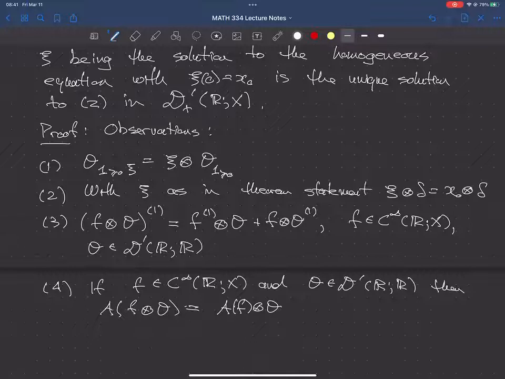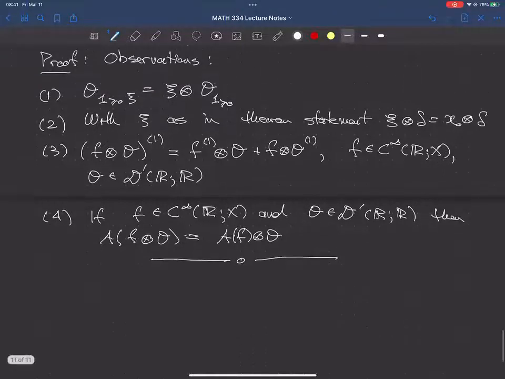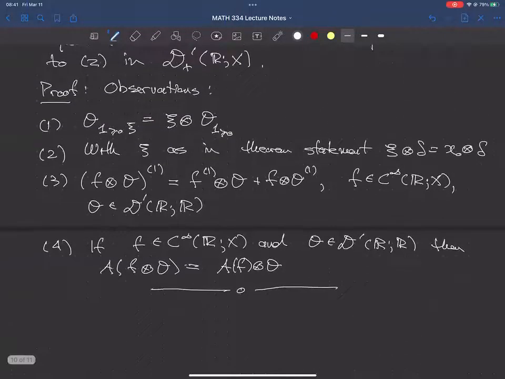Okay, all right, so those are the observations that I'm going to make use of, and making use of them, the rest of the theorem follows easily.